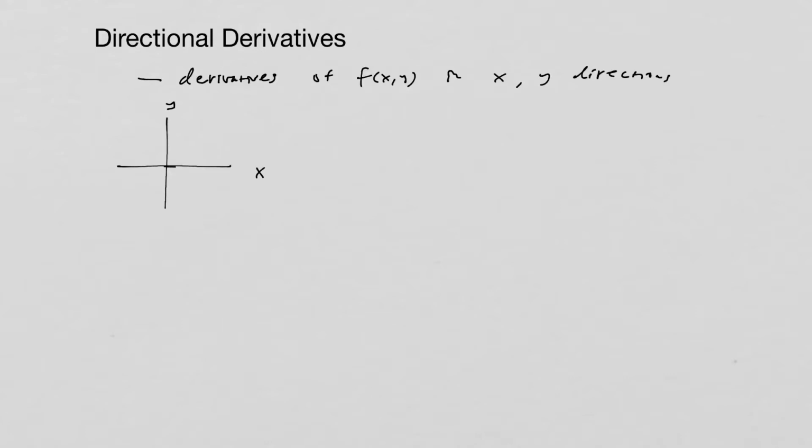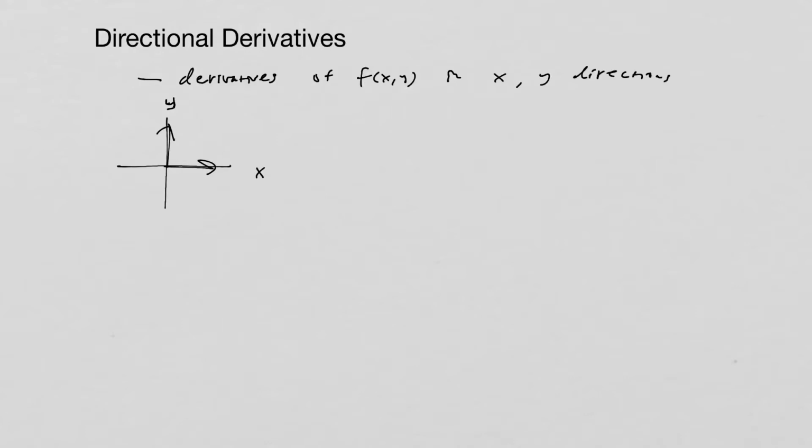Thus far, what we've done is we've looked at derivatives of f of x comma y in the x and y directions. Okay, so just two directions, right? But the question is then, if we have this as our x and that's our y, we can either go in that direction or that direction.